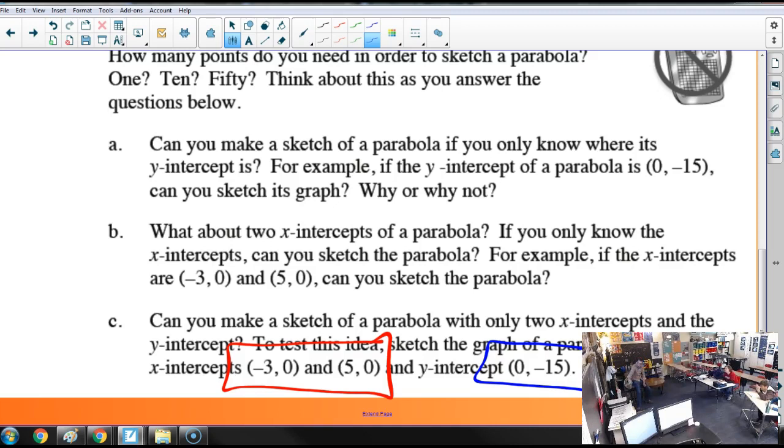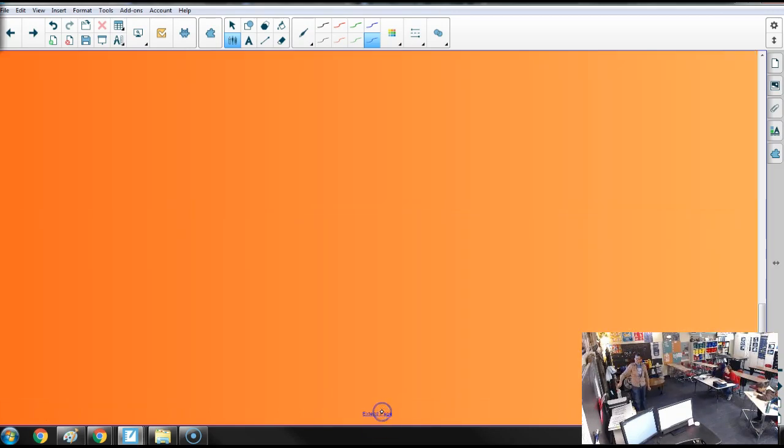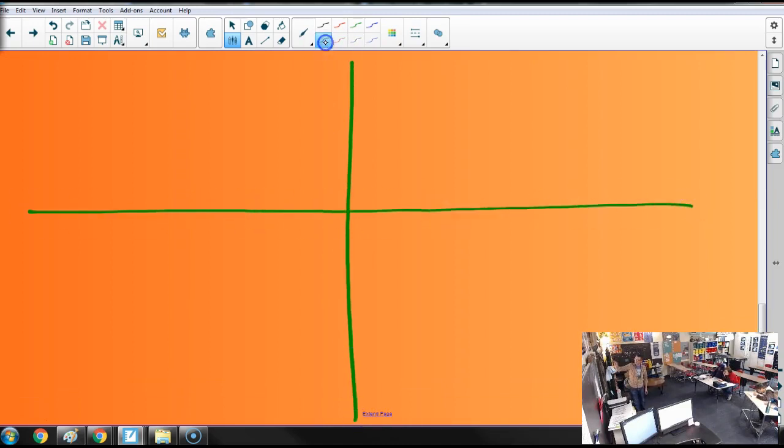Because of that negative 15, if I make a really vague graph, with negative 3, positive 5, negative 15 would be somewhere pretty far down here. We'll just say it's that. Is this the vertex?